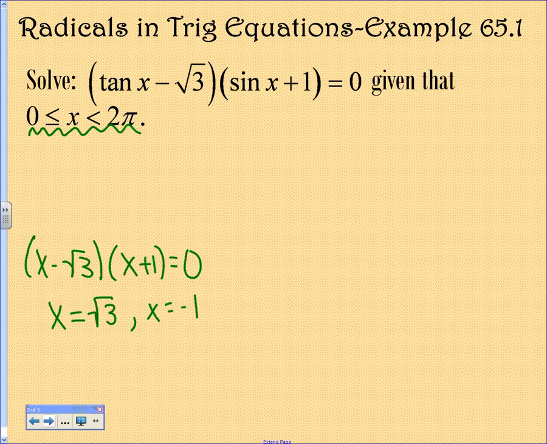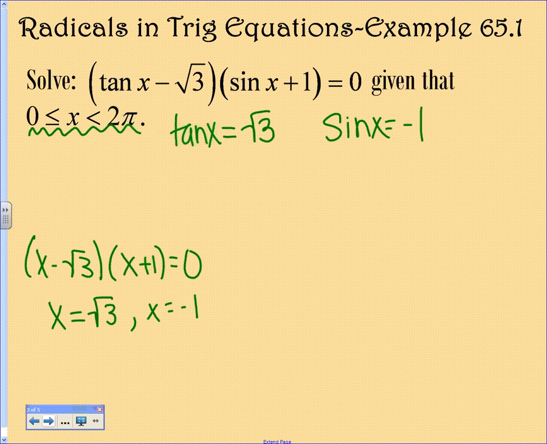You set them both equal to 0? So what would tan x equal? What is tan x equal to? Square root of 3. Okay. And then what would our other one be? Sine of x equals -1. All right.